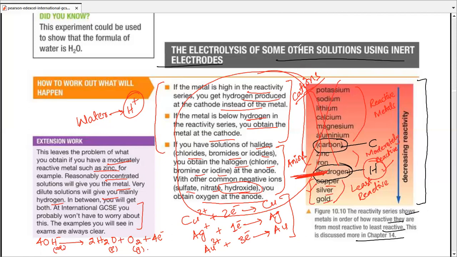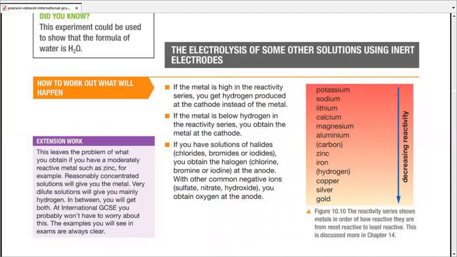When we're going to practice past papers, I'm going to be constantly going through these 3 tips all the time, right? If that makes sense, I'm going to clear this up and we're going to move forward to the next page. Is it clear? Yes. Okay, good. Let's move forward.